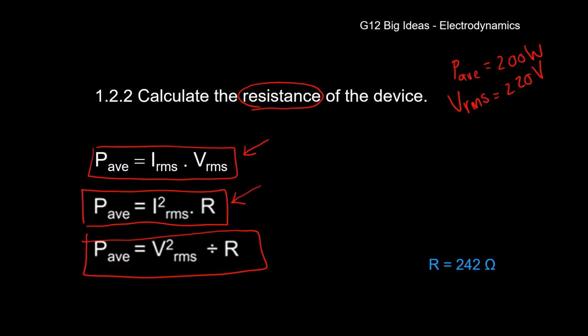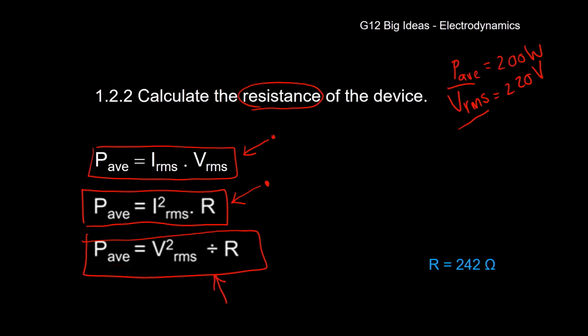Why? Well, I'm not given the I value, the current value. I'm given V RMS, and I've given P average, but I'm really not given I. So if I choose these two equations, I would have to do a second step in my calculation.